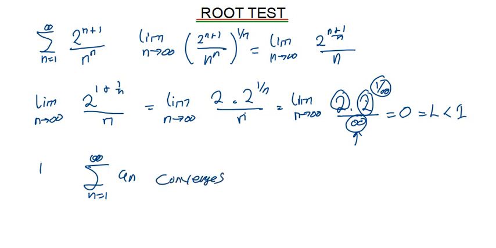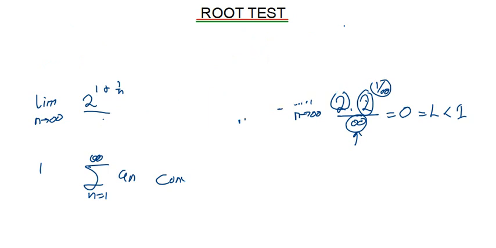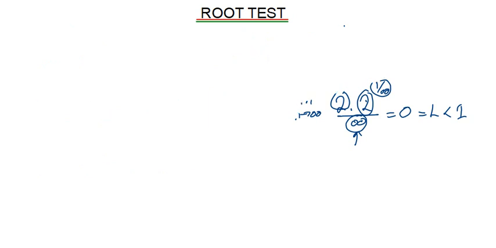It converges there. So it's not always the case that it's going to converge. It depends on the series that you are given. Sometimes it may diverge, sometimes it's going to converge. The only key point here that you have to keep in mind is to know when it converges and when it diverges. What should be my value of L for me to conclude that it diverges, and what should be my value of L to determine that it converges?